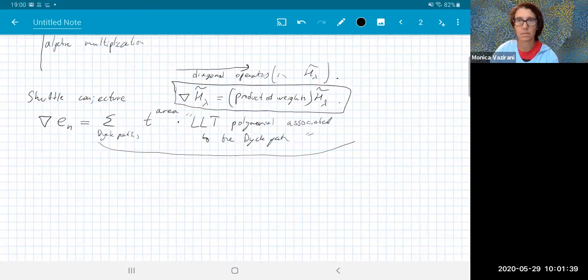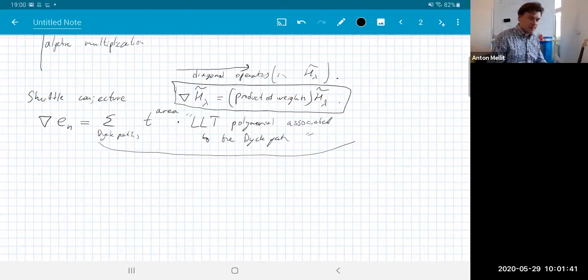So this is the general idea of shuffle conjectures. Okay, now let me introduce the AQT algebra.